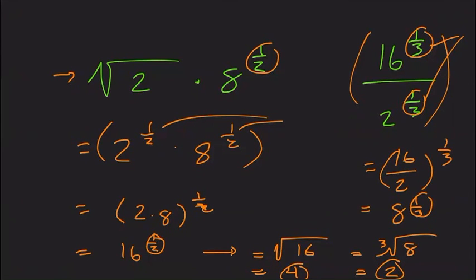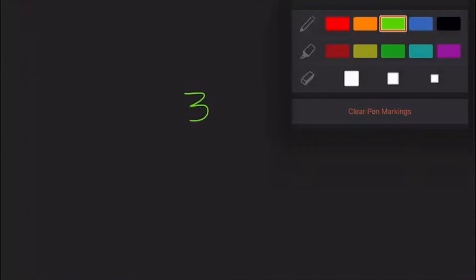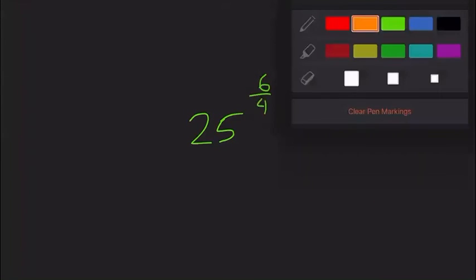And then just a quick mention before we end the video. Sometimes, let's say you have something like, let's just say we have 25 to the 6 over 4. We talked about fraction exponents earlier, but this is just a comment.